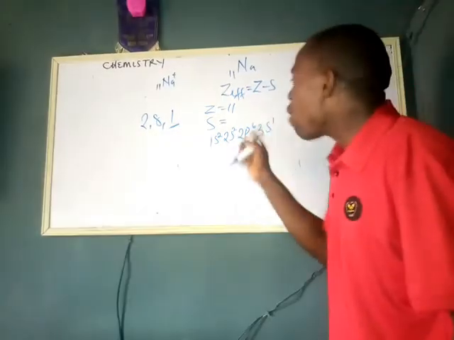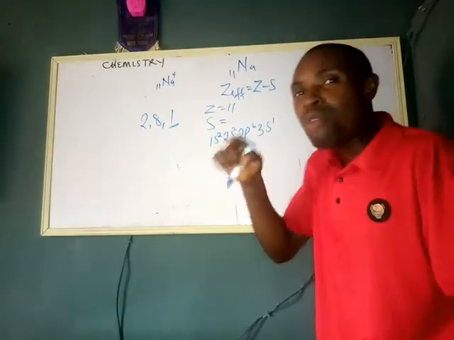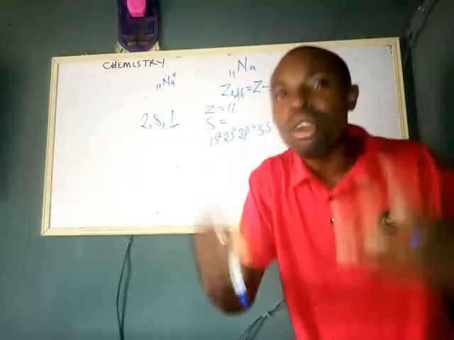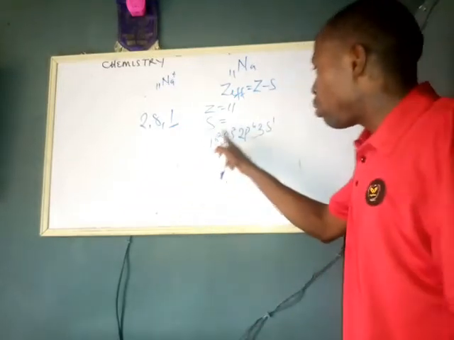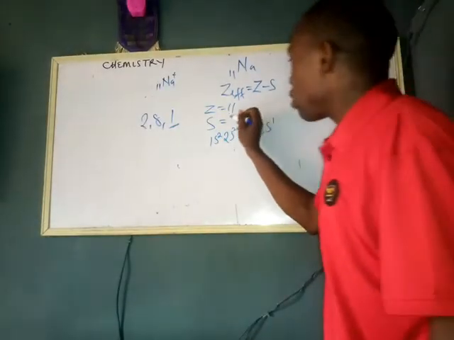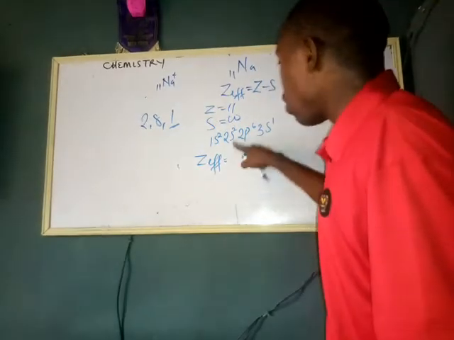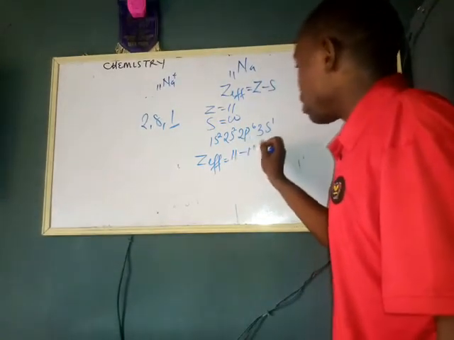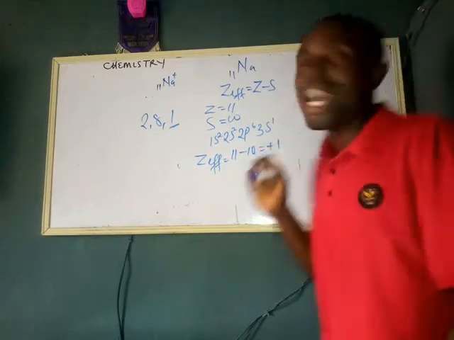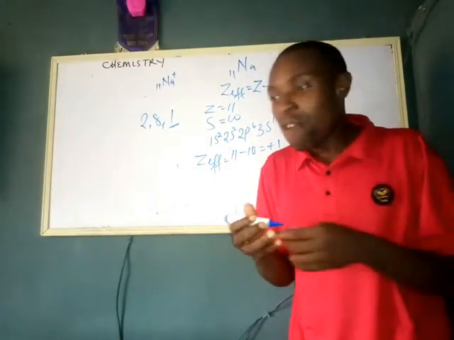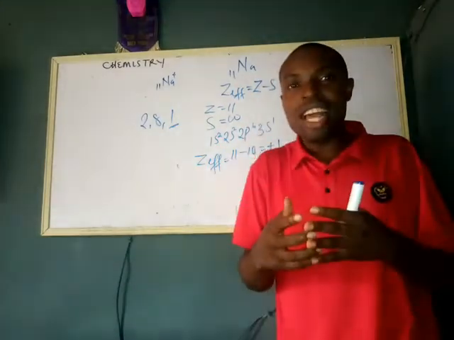So the number of core electrons, which is also non-valence, non-bonding electrons, is 2 plus 8, which is 10. So Zeff is equal to 11 minus 10, equal to plus 1. You see how easy they are. Now we're going to be talking much further. Alright.